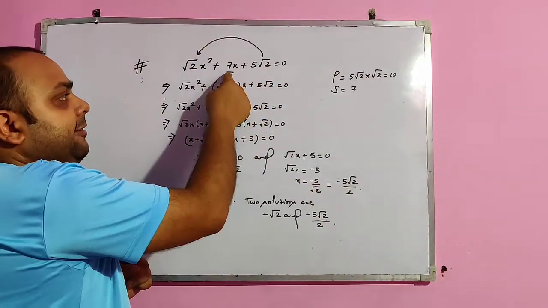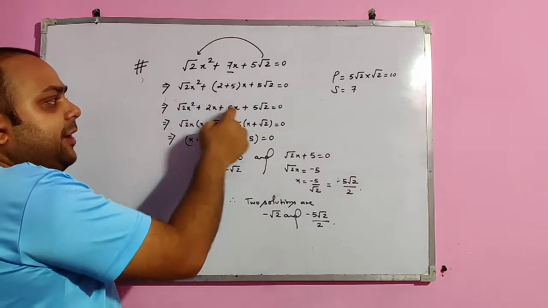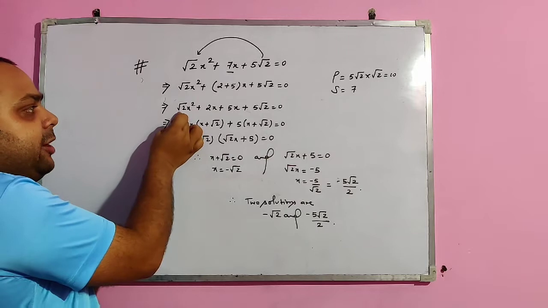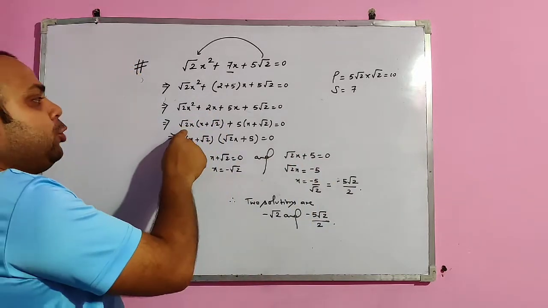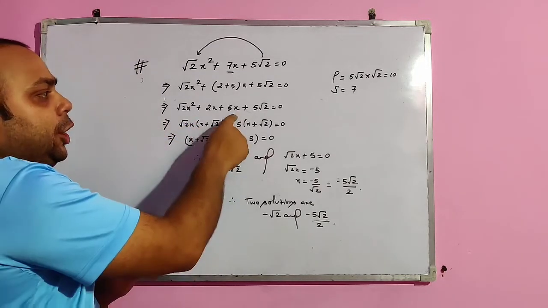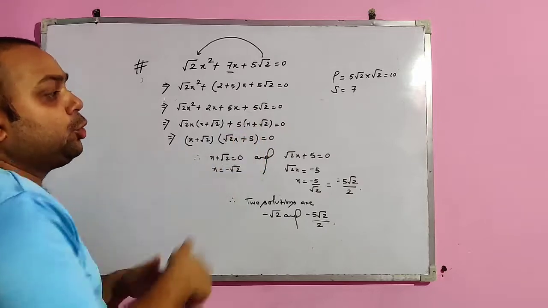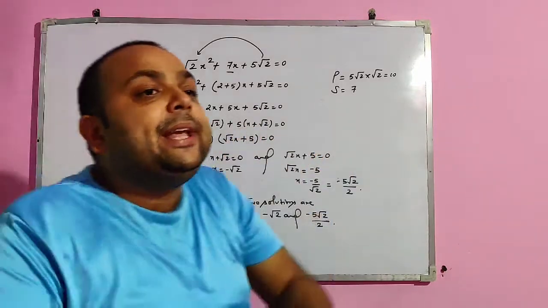So we split 7 as 2 plus 5, expanding it 2x plus 5x, and then whenever we have a root and a number, always take the root common from that. So we have root 2x common, we have x plus root 2 in the brackets. Here also we have 5 common and x plus root 2 in the brackets. Factorizing and then equating it equal to 0.